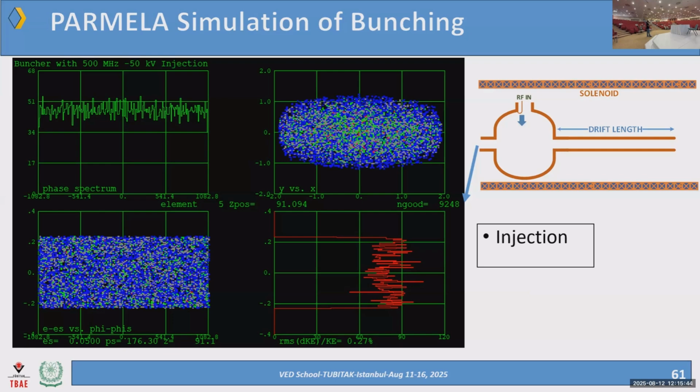I'm not sure, because this is not a very friendly software. This is in fact the same scale. It's slightly elongated, but you should read the numbers. This is the phase space, which will actually tell us the thing. This is the energy spread. This is the length in time.